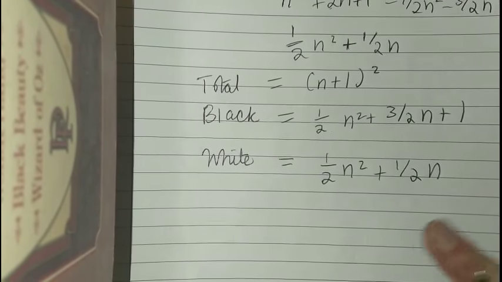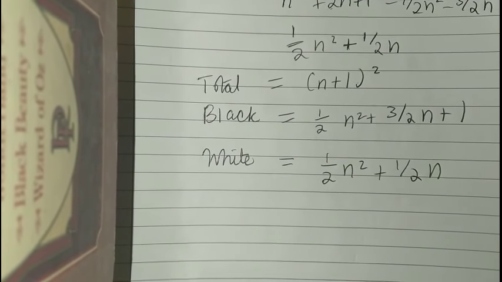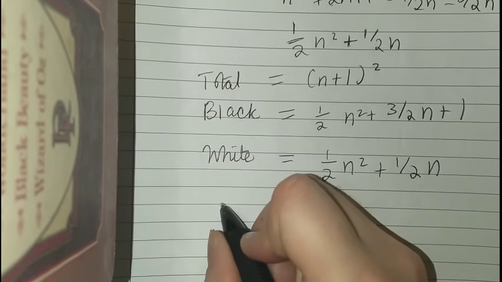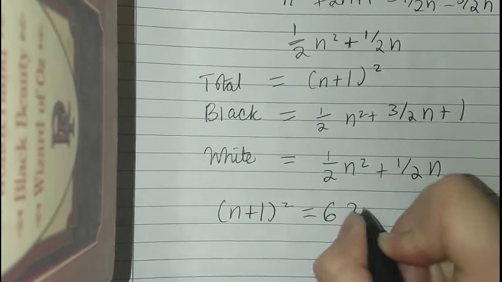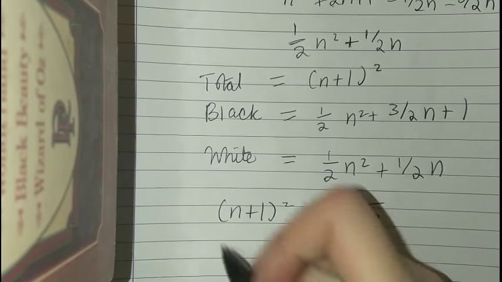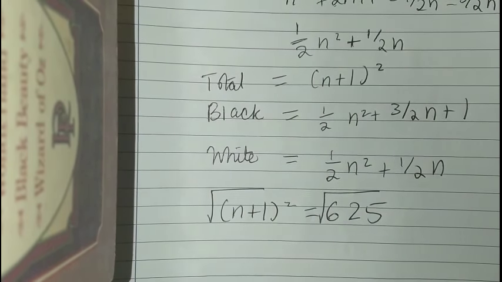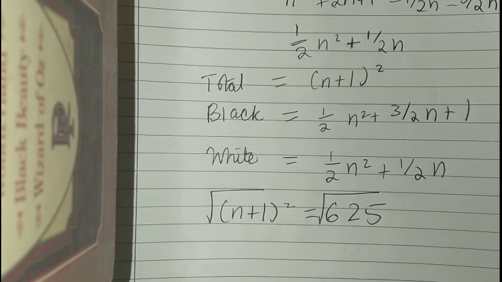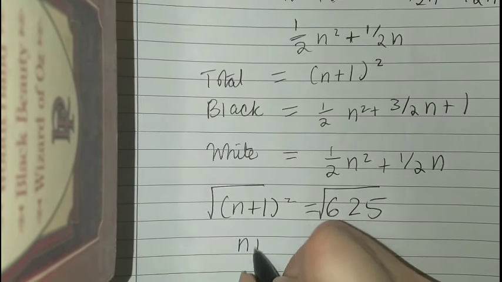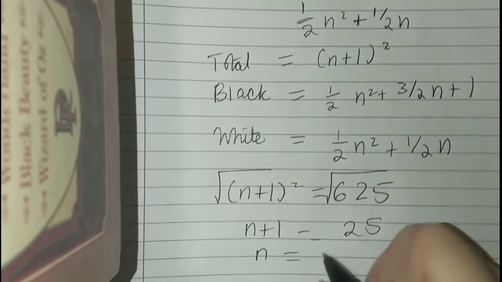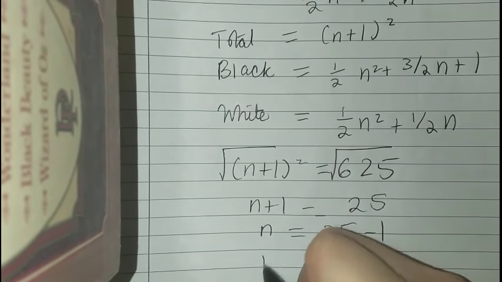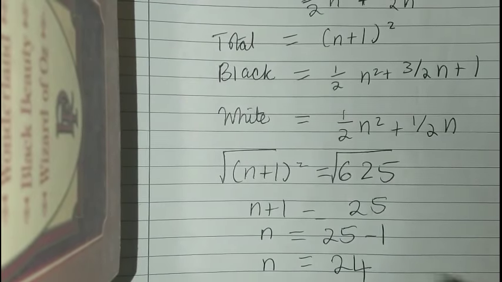Firstly, we have to get the value of n. So we let the total number of triangles equal 625 and take the square root of both sides. The square root of 625 is 25, so n plus 1 is equal to 25. So n is equal to 25 take 1, n is equal to 24.